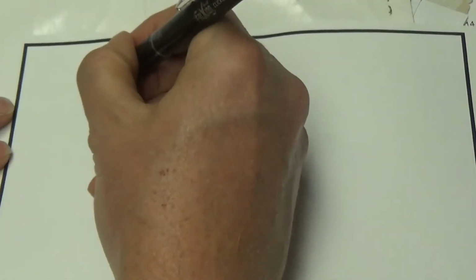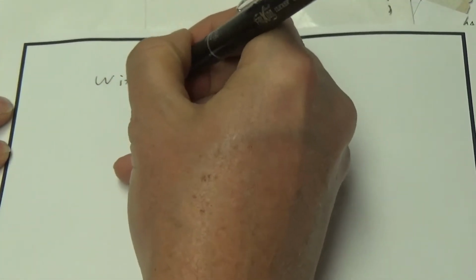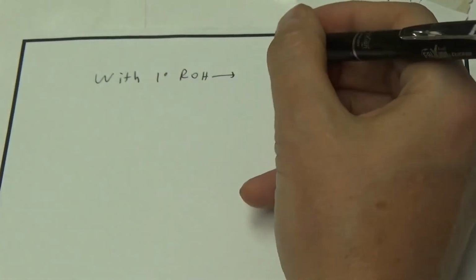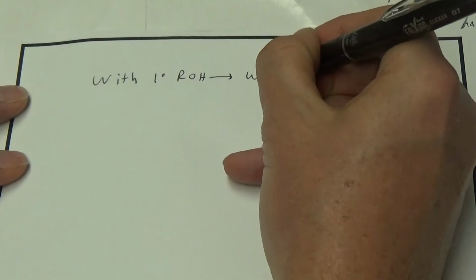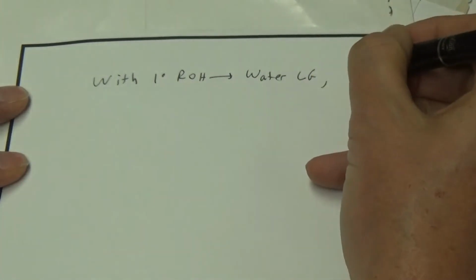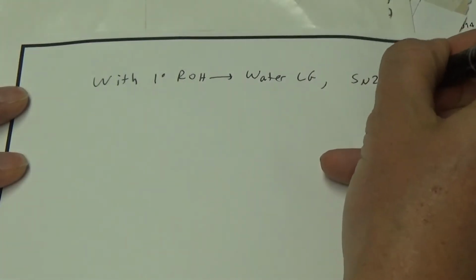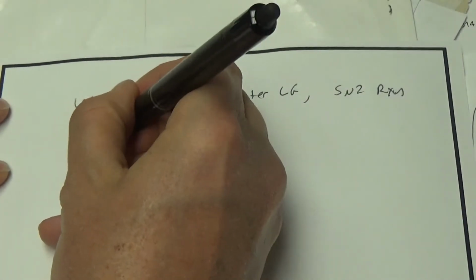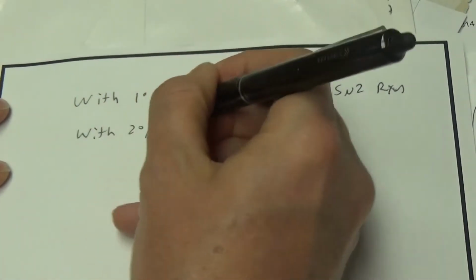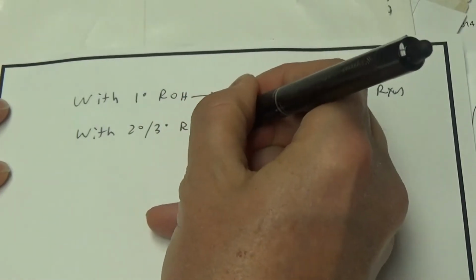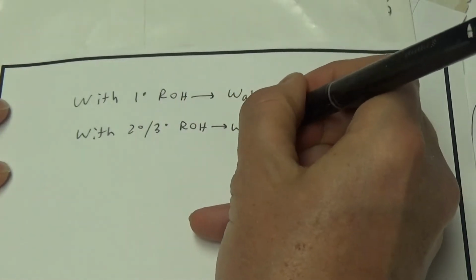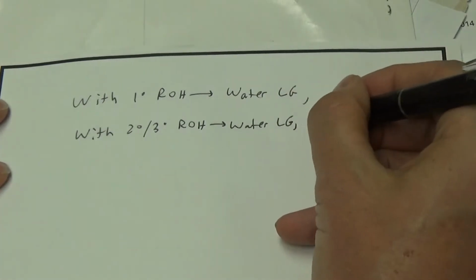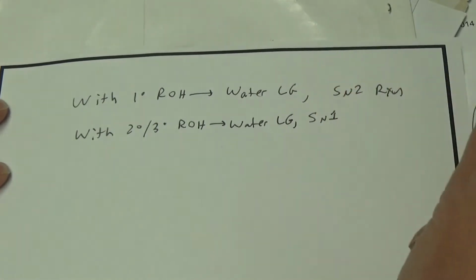So, from my last page, with primary alcohols, water as a leaving group is an SN2 reaction. But with secondary and tertiary alcohols, water is also a leaving group, but it's actually more of an SN1 style reaction.